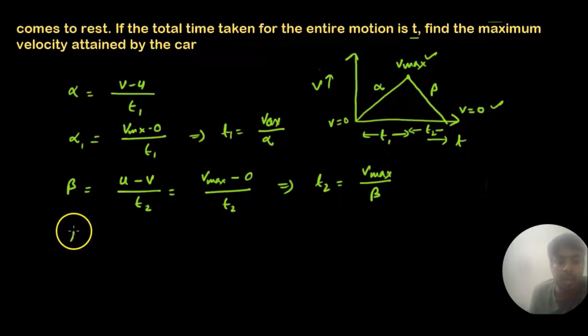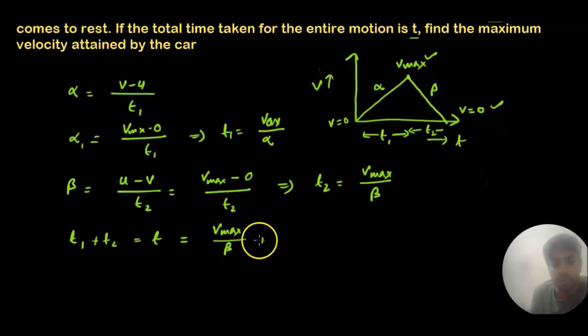Now when we add these two times, t1 plus t2, it will be the entire time of the motion, which is equal to t. Instead of writing t1 and t2, we can write Vmax upon alpha plus Vmax upon beta. Both ways are correct.